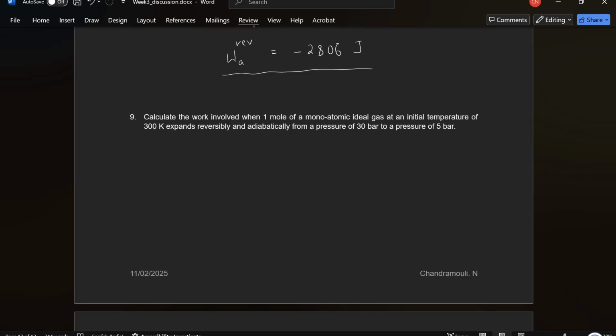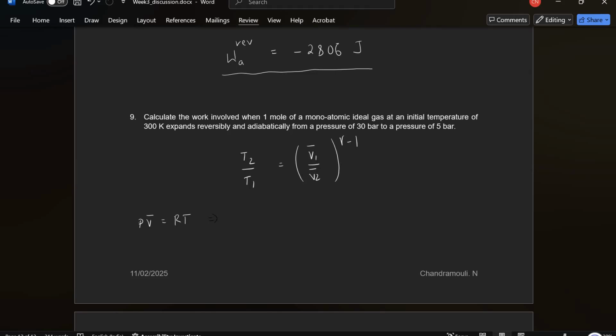Since it's an ideal gas, we can easily go from the initial expression, T2 by T1 equals V1 bar by V2 bar raised to gamma minus 1, to the pressure form, using the ideal gas equation.